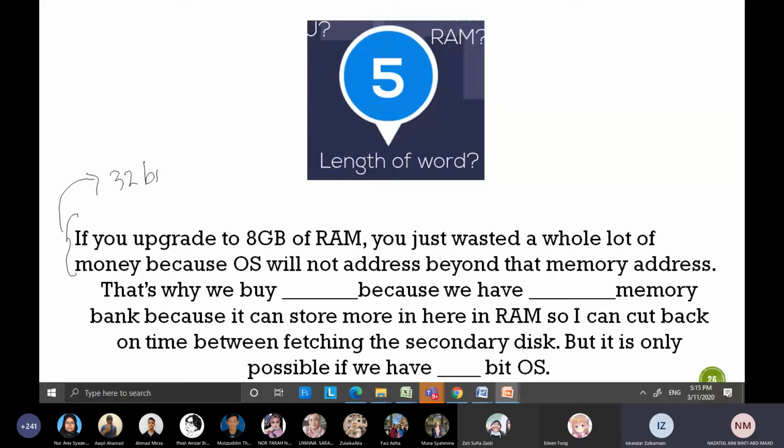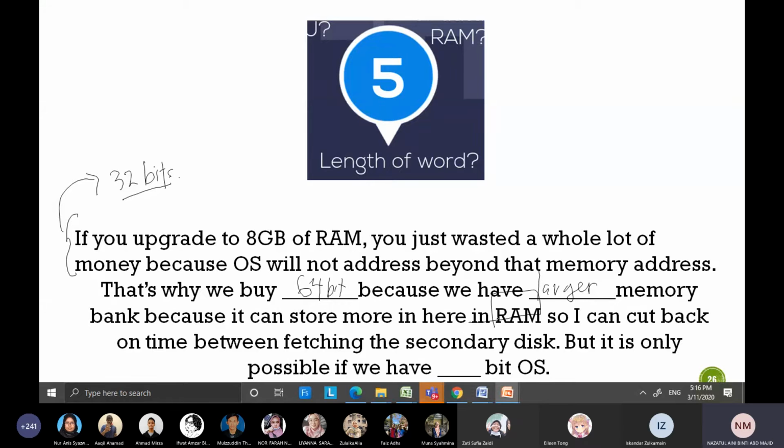Yeah, 32 bits, right? That's why we buy 64 bit, because we can have a larger memory bank. So we can store more data in our RAM.